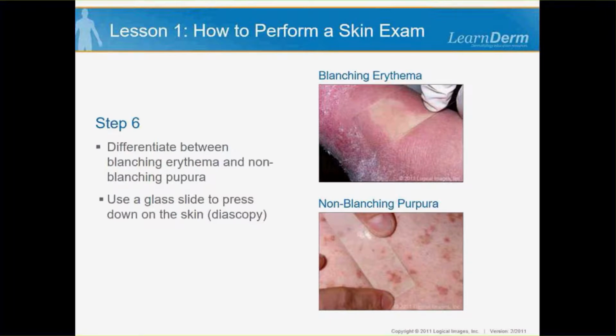That's important because when blood leaks out of blood vessels, it causes purpura. I'll spend a few minutes on purpura because it's an important sign not to miss, where you'd probably want to refer the patient if you saw that sign. So I'm going to spend a minute or two on that in just a few seconds.